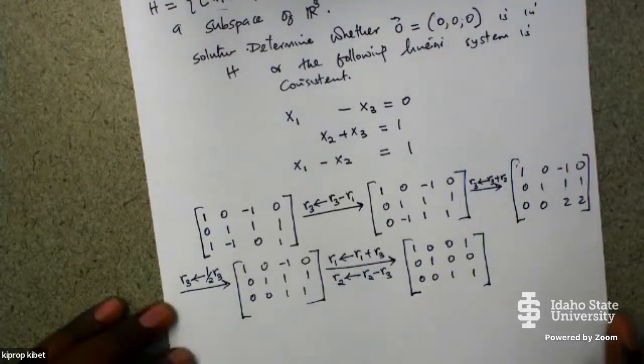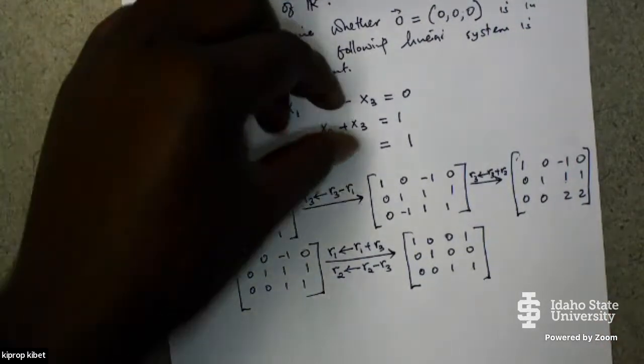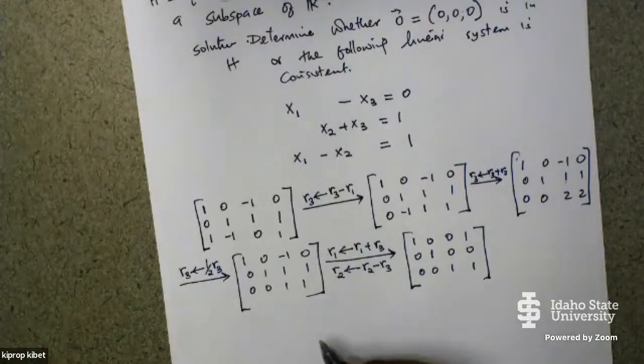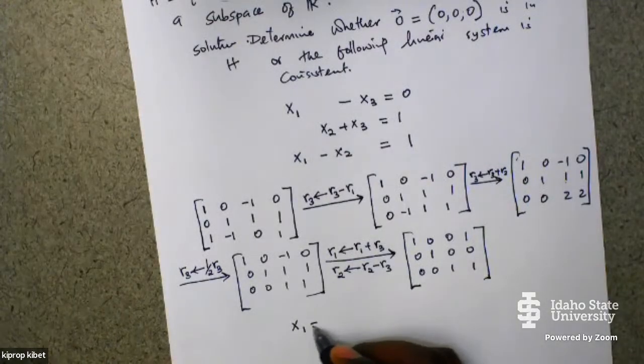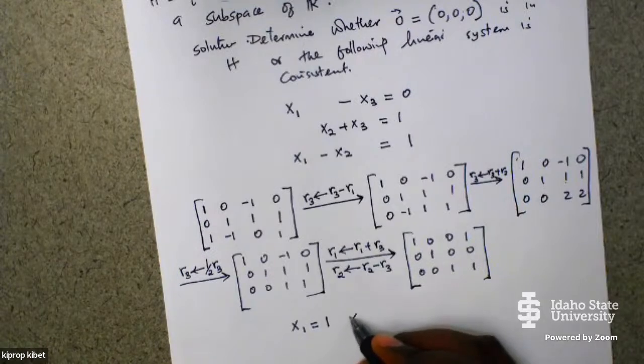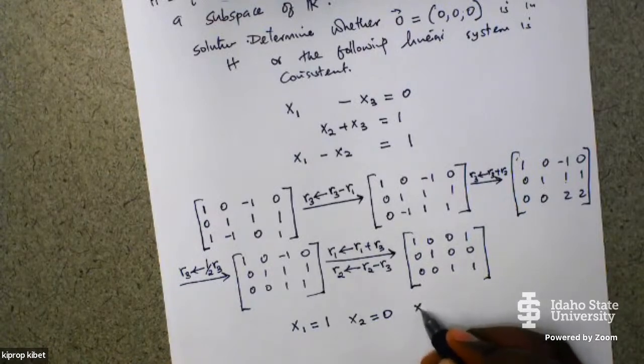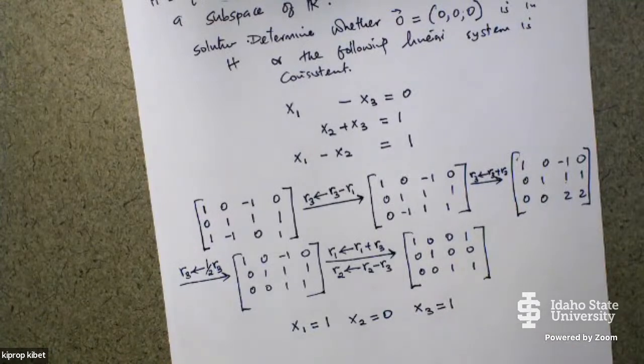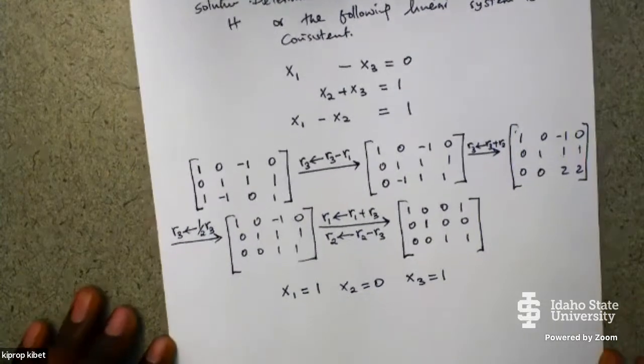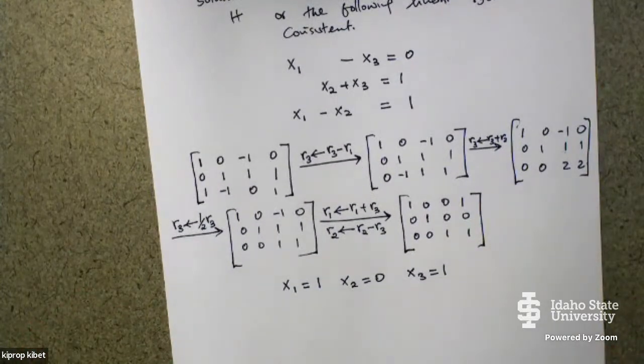So our solution here, which we could have actually gotten from here, is x1 equals 1, x2 equals 0, and x3 equals 1. So we don't have free variables there. We only have the basic variables.